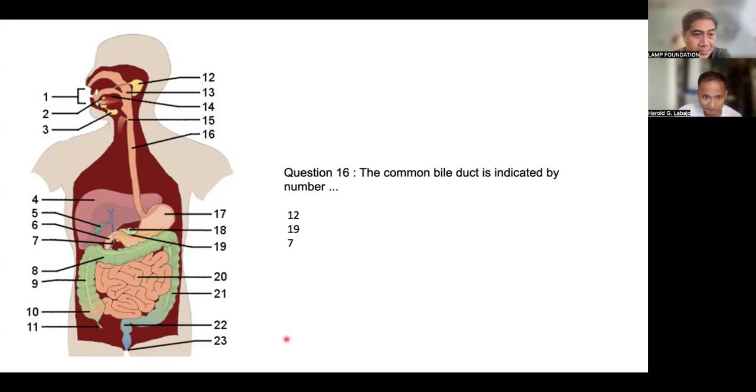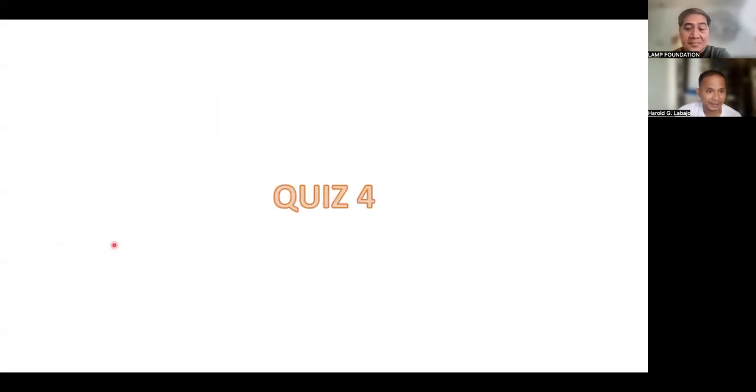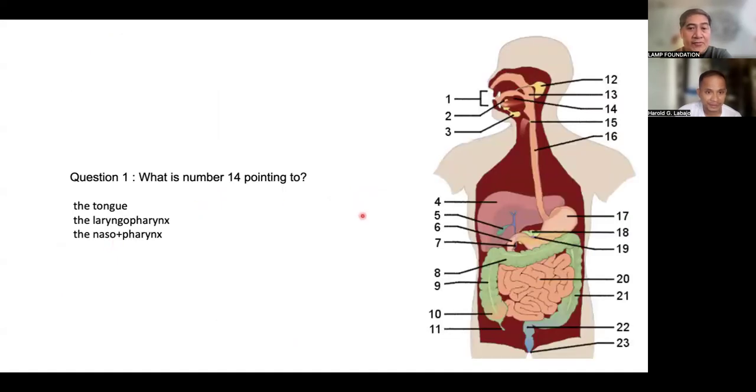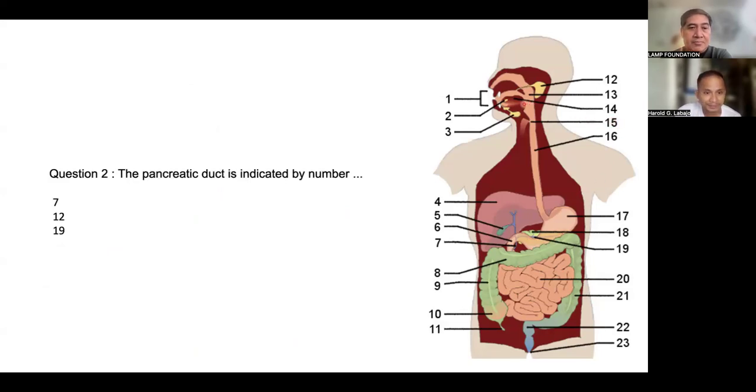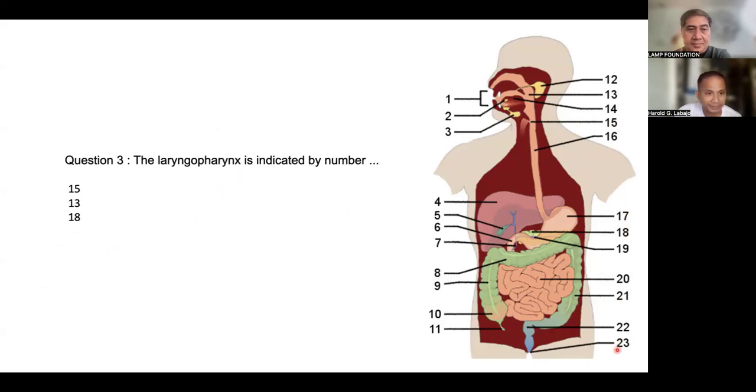Number 7. What is number 14? The tongue. Pancreatic duct is what number? Pancreatic duct is number 19.